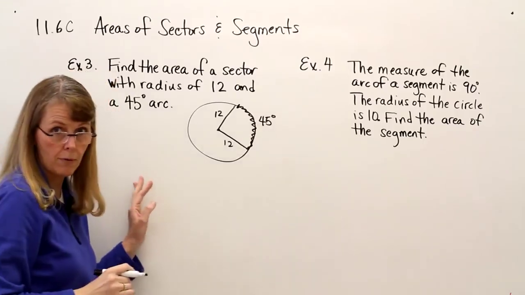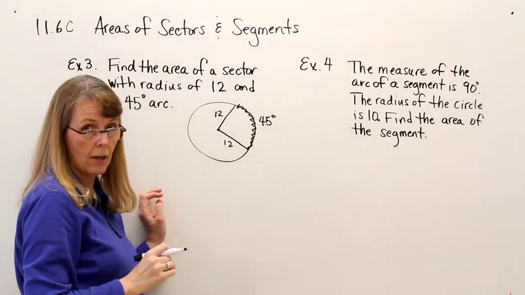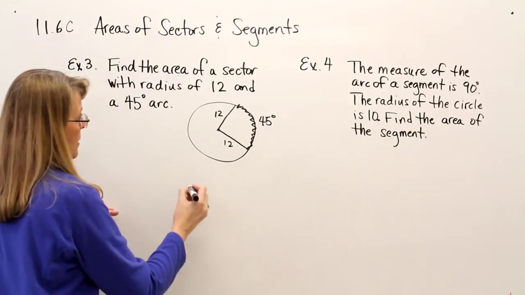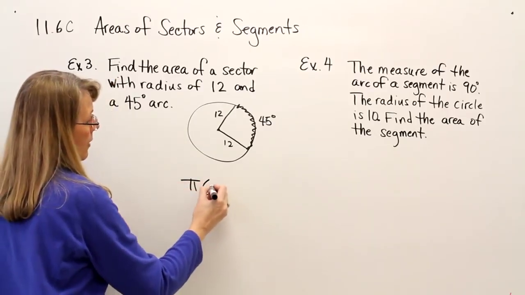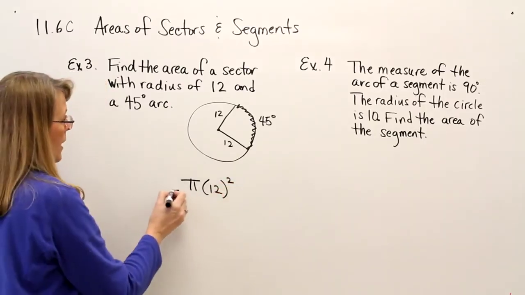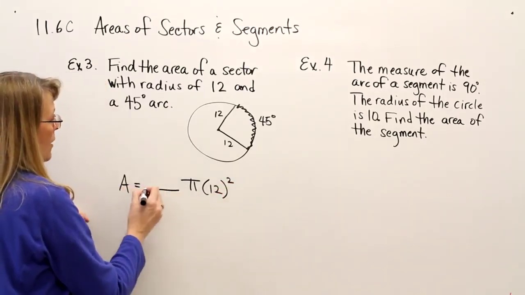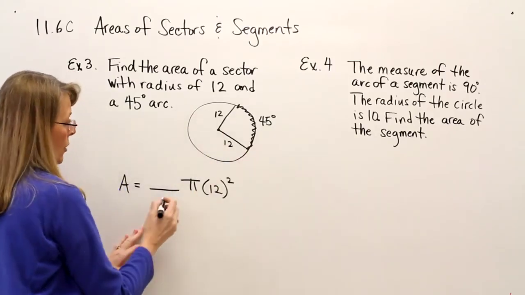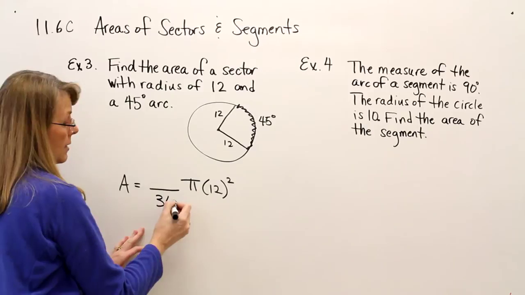So if you remember from our formulas, the area of a sector is a fraction of the area of a circle. So I'm going to start by finding the area of the circle, which is pi times radius squared, and then I'm going to work on the fraction. We're going to make the fraction out of the entire circle, which is just the 360.